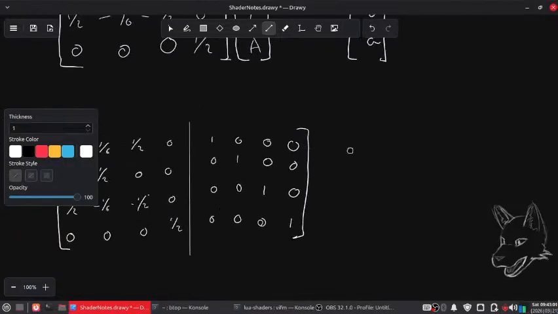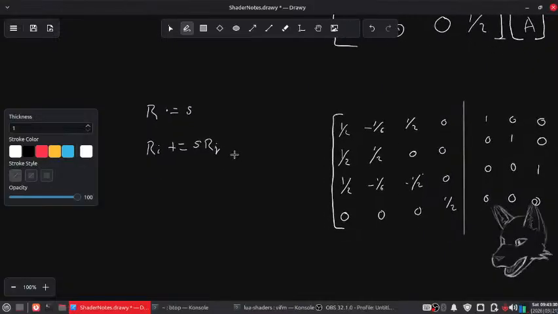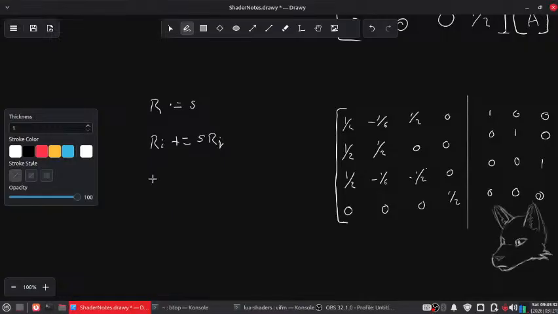Right, so the valid operations are: times equals scalar, r_i plus equals s times r_j, and swapping r_i with r_j.